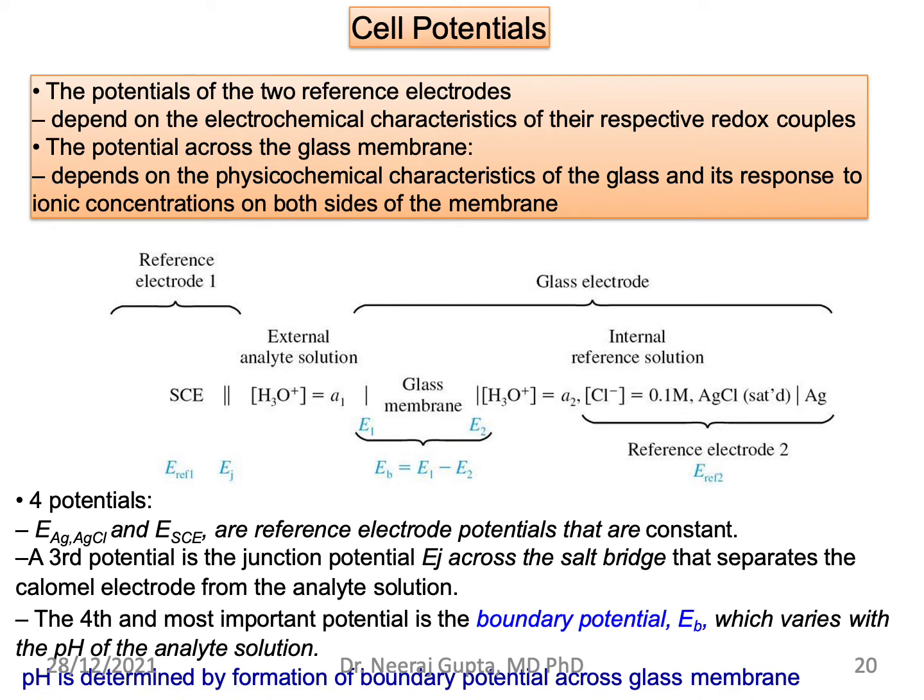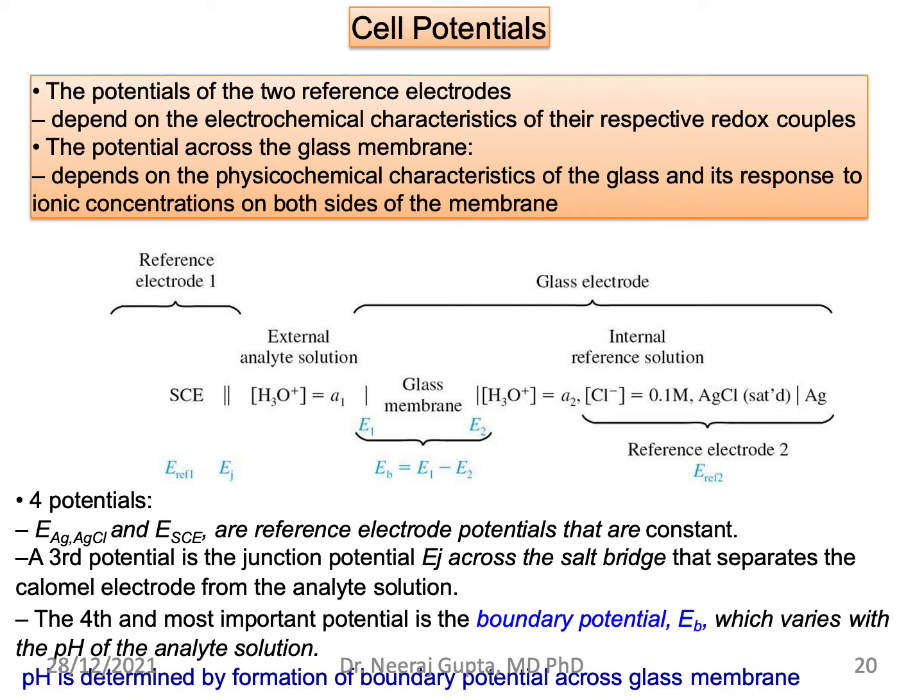So we have four potentials actually. Number one is, for example, E of Ag/AgCl, and the SCE, which are reference electrode potentials that are constant.